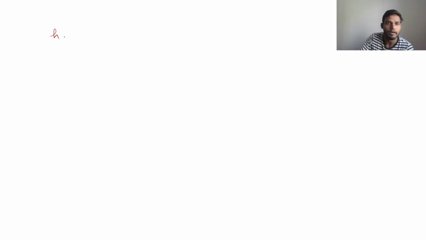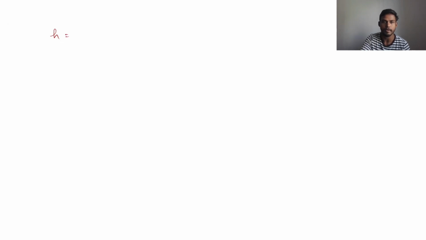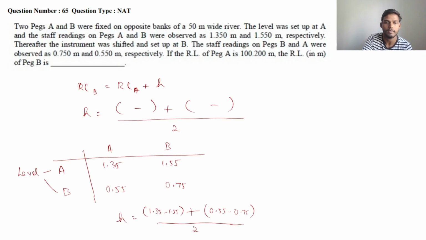If we calculate this, we will get H equal to minus 0.2 meter. So we got the level difference, minus 0.2 meter.